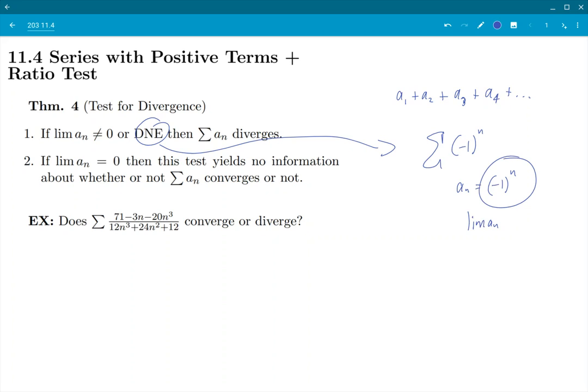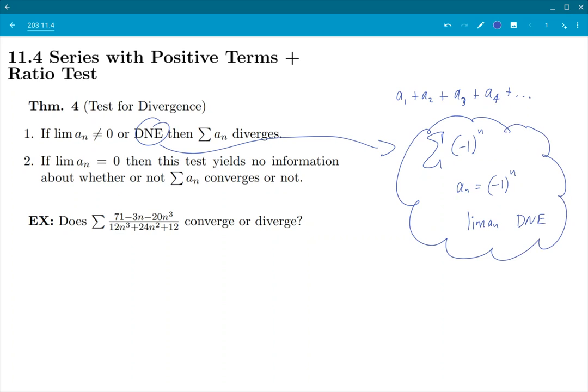And what this thing is doing is going -1, +1, -1, +1, -1, +1, forever. So it does not approach any real number. Okay, so in that case, the corresponding series is going to diverge as well.